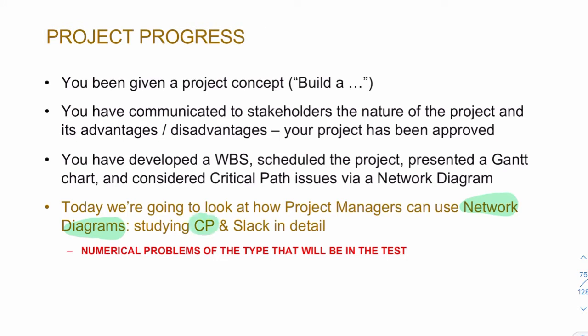We'll talk about critical path and slack, and both of these feature heavily in tests, and this is also where people lose many marks. So don't let that be you.